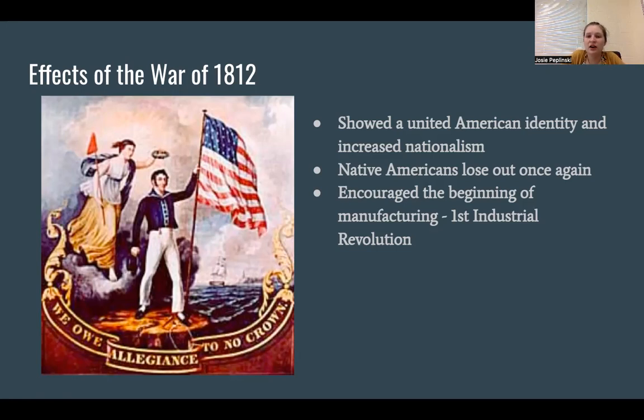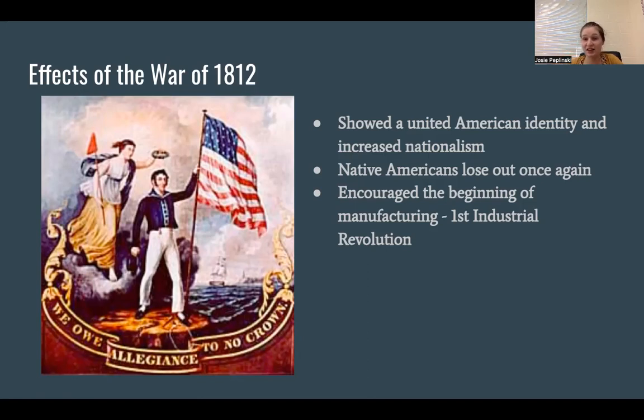This is also going to cause the beginning of manufacturing development and the first industrial revolution, because trade was one of the most profitable industries, but during the war, they couldn't effectively trade because their main trade partners, again, were Britain and France, who they're going to war with.